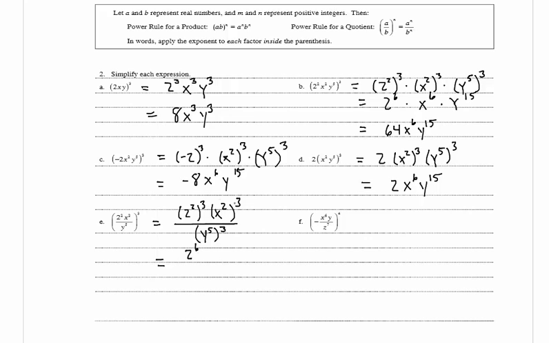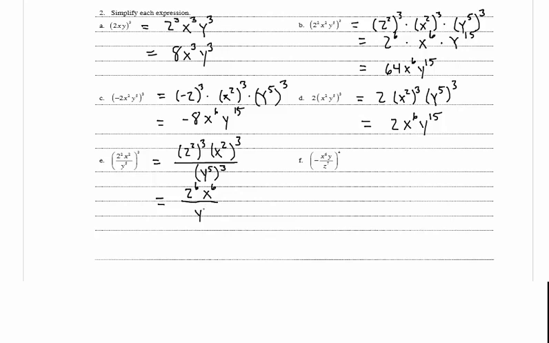Now we have x squared cubed is going to be x to the sixth, all this divided by y to the 15th, and 2 to the 6th is equal to 64. So we have 64 x to the 6th over y to the 15th.